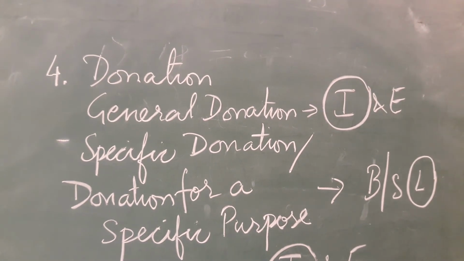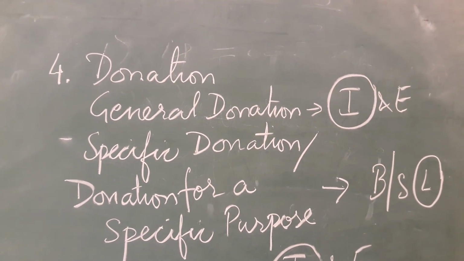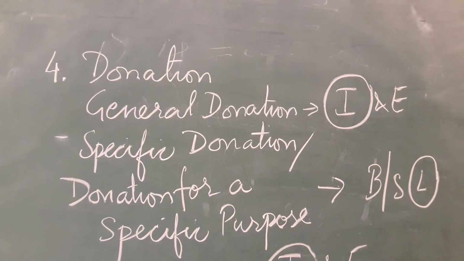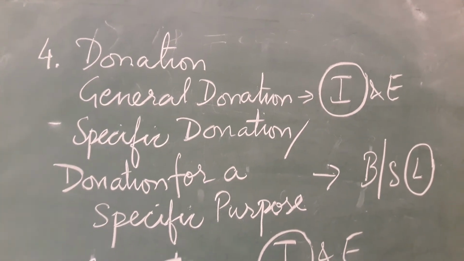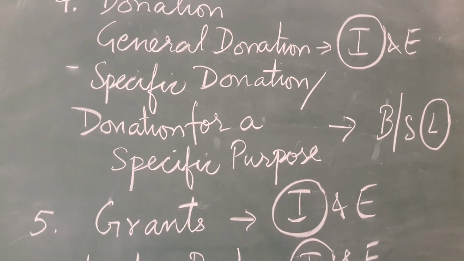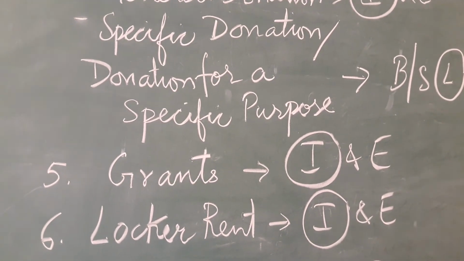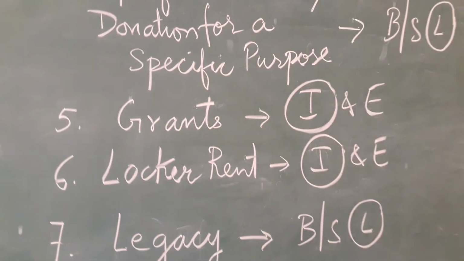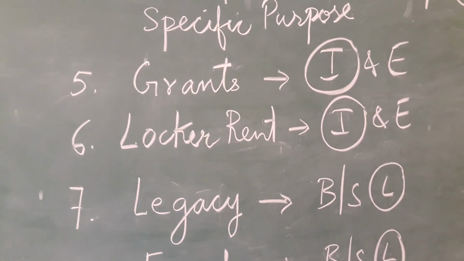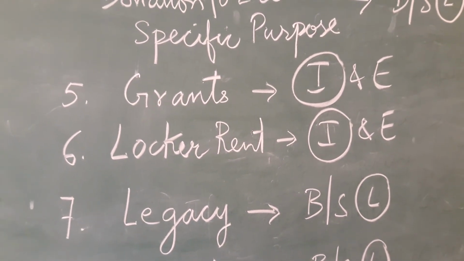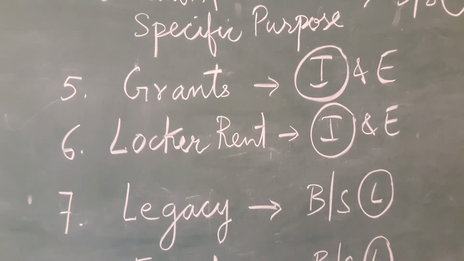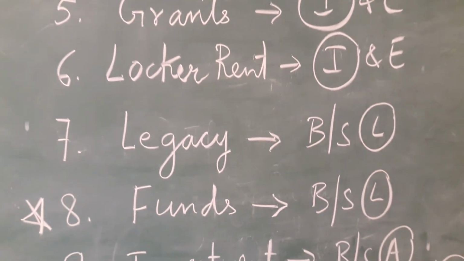But if donation is meant for a special purpose or specific purpose, it will be shown in the balance sheet on the liability side. Grants are regular income, so income and expenditure. Locker rent is a regular income, so income and expenditure. Legacy, I have given you the meaning of legacy. It should be capitalized, that is, it should be shown in the balance sheet.